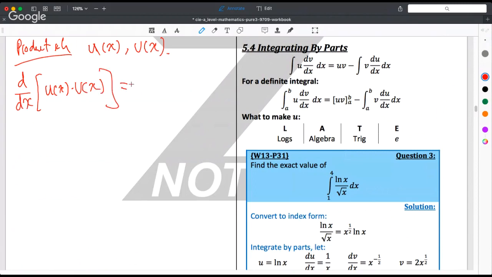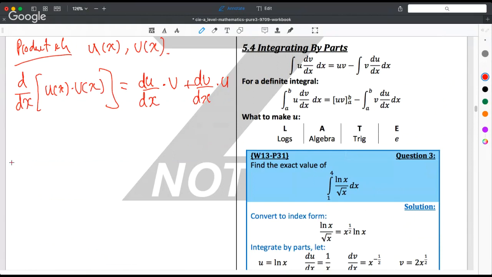If we differentiate that, we will get the derivative of u. I've stopped putting in the x's here because I think at this point it's probably quite obvious that u is a function of x. And we need to add on the derivative of v times u. Okay, right. What would happen if we then integrated both sides of this equation now?